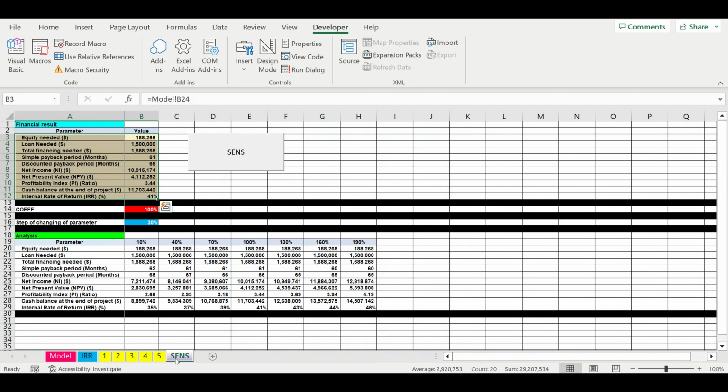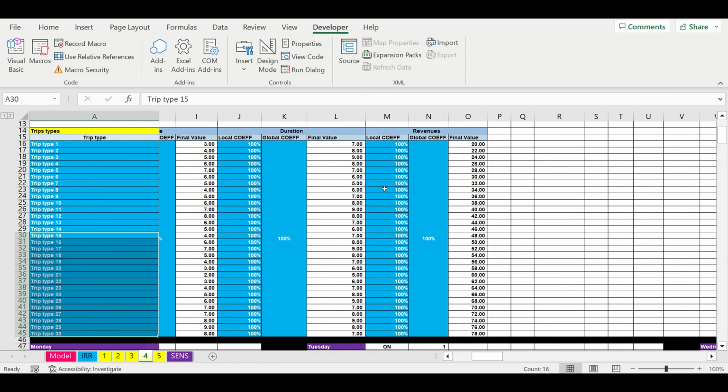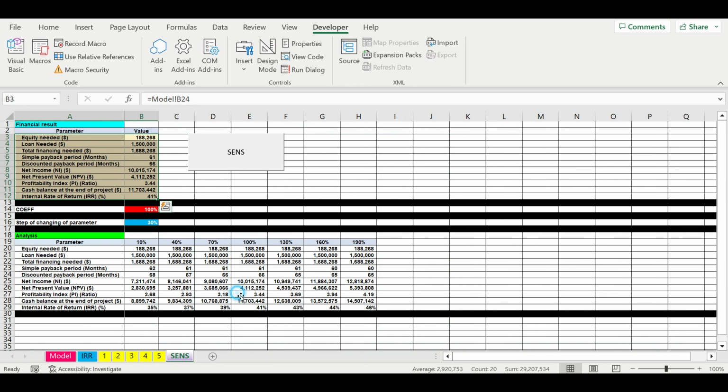So as you can see, we are very flexible with adding parameters to any inputs, revenues, expenses. So this will allow you to see your business idea in detail, to see how flexible your business is, how stable your business idea is if, for example, revenue decreases or expenses grow.